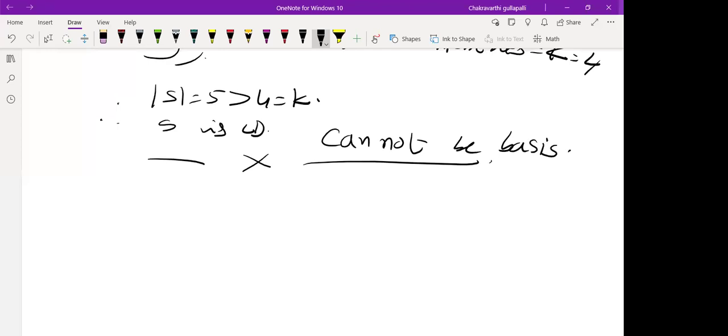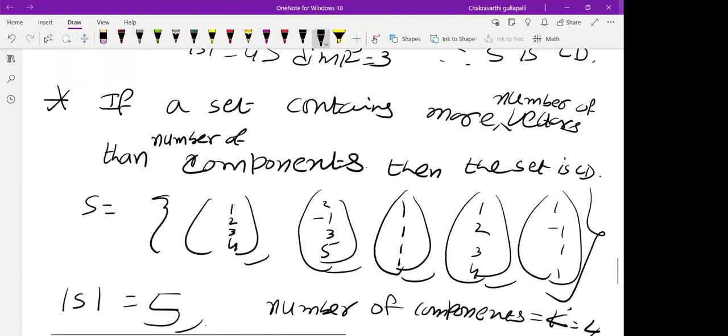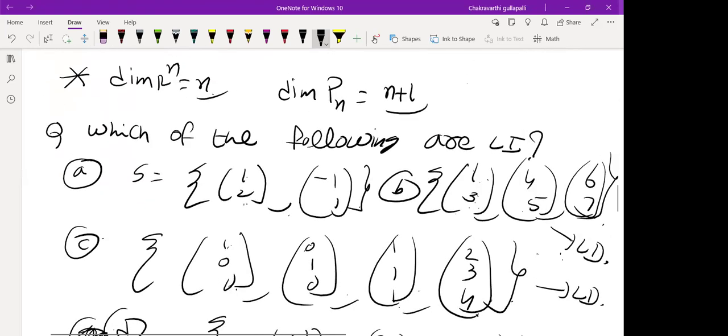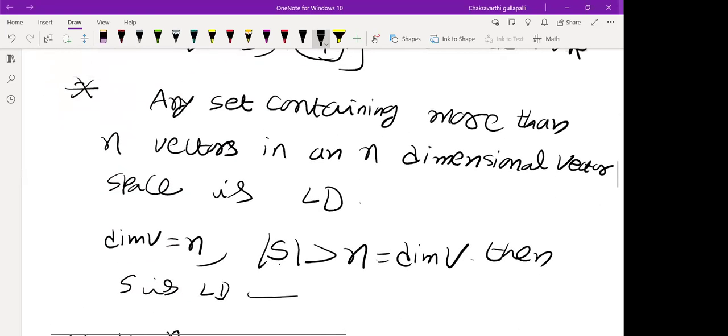No. So if the cardinality is greater than the number of components, we said it is linearly dependent. Suppose they are equal and independent, then can it be a basis? A linearly dependent set cannot be a basis.